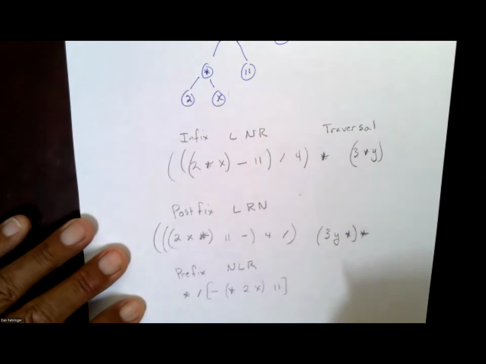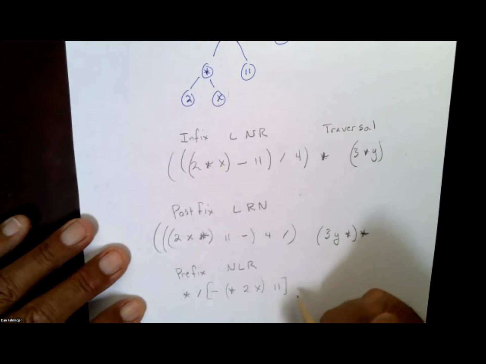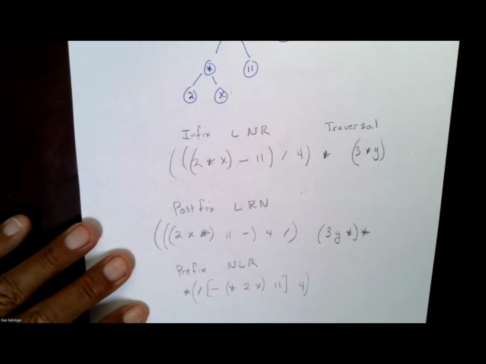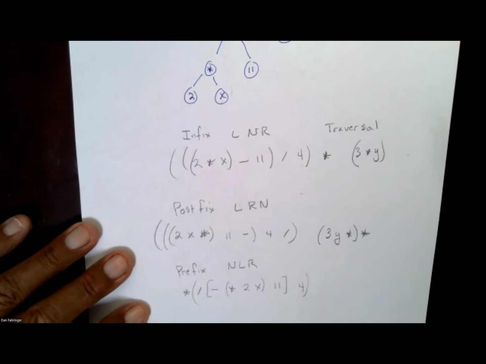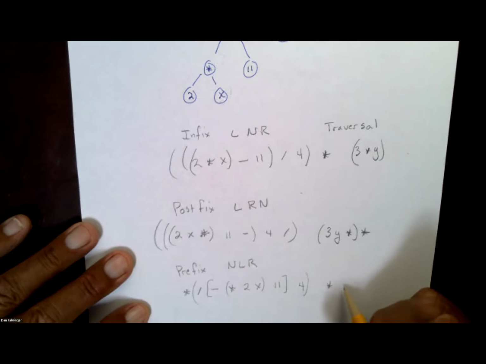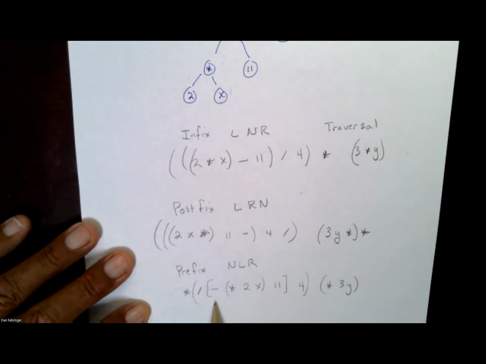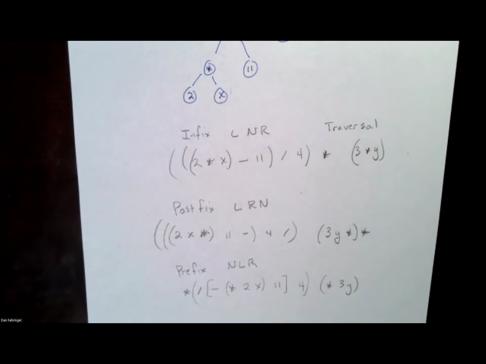Then I have all of that. Here's my left, here's my right, here's my node. And then on this side, it's going to be node left right times 3y. And then it's this whole thing times that thing.